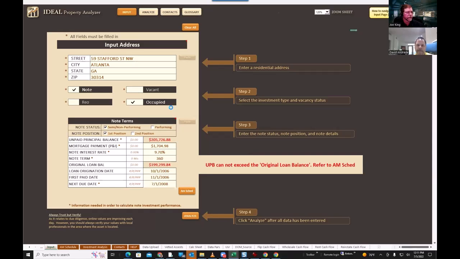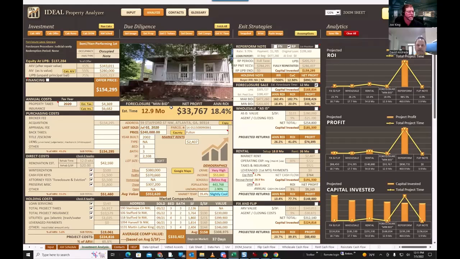Now, I've already pre-run the analytics on it and brought in the information from the internet. We're looking at an ARV of 343,000, and based on that ARV, we're assuming that the as-is value is going to be less, and this is way overkill, and it's significantly less, given the fact that this property was built in 2002.